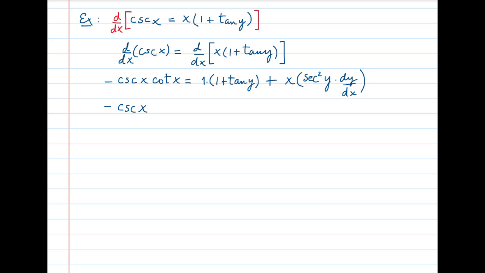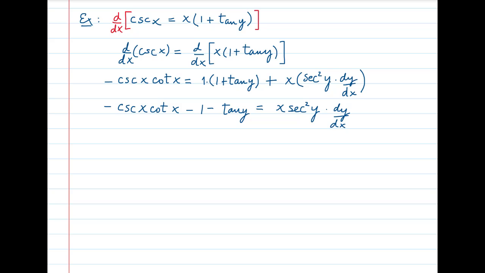All right, so cleaning this up a little bit, on the right side we just have a function of x, so our dy/dx is actually on the right. But that's okay, we can switch sides here to solve for dy/dx, either way we want to. So I'm just moving everything to one side, so instead of having it on the left, I'm going to keep our dy/dx on the right for right now.